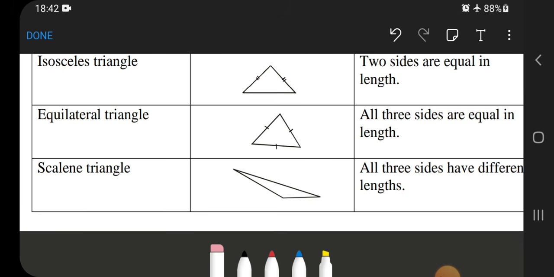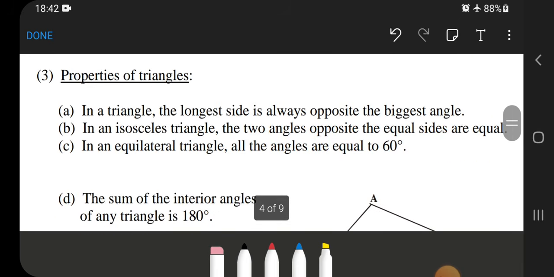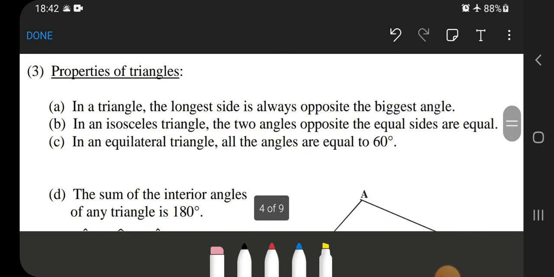And then we have scalene triangles, where all the angles are not equal. And then properties of triangles. In a triangle, the longest side is always opposite the biggest angle. In an isosceles triangle, two angles opposite the equal sides are equal.